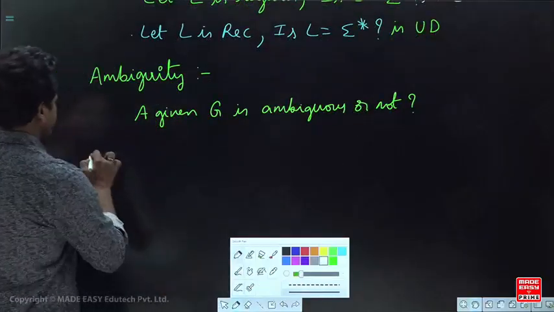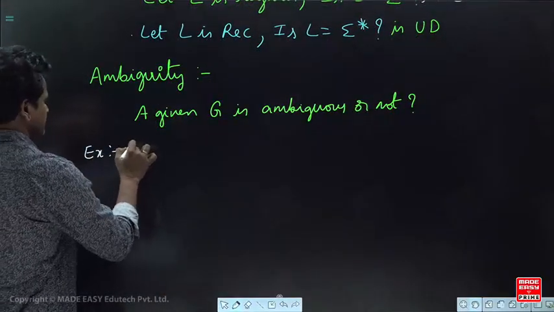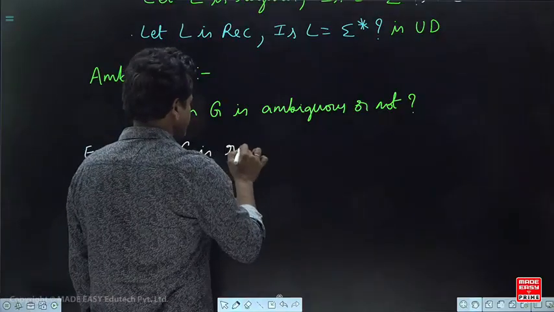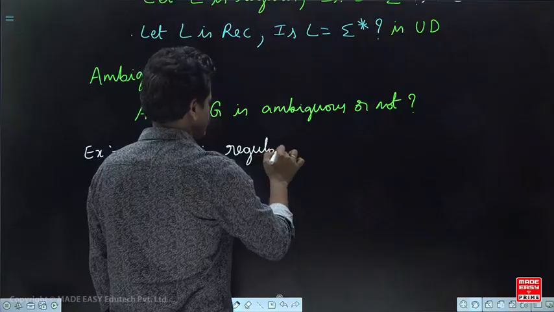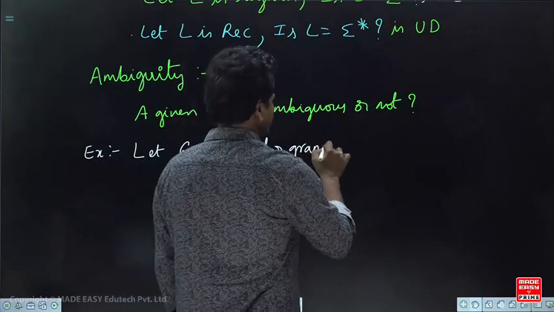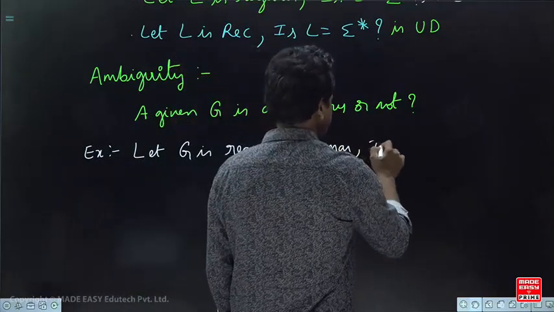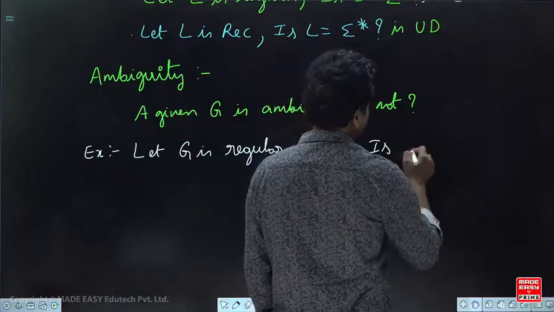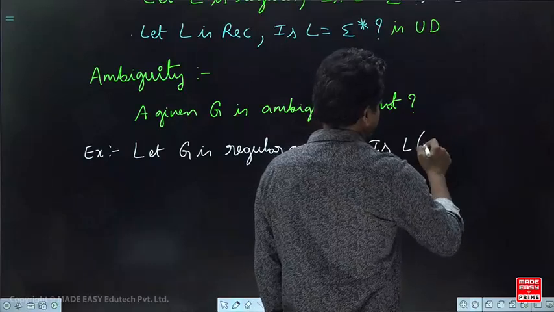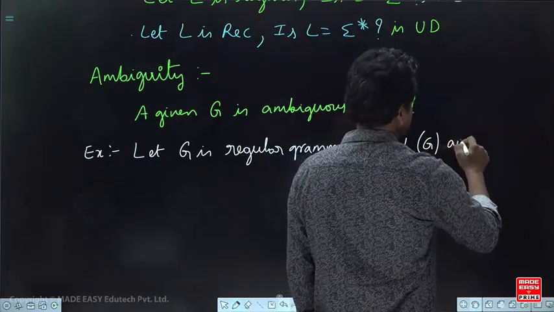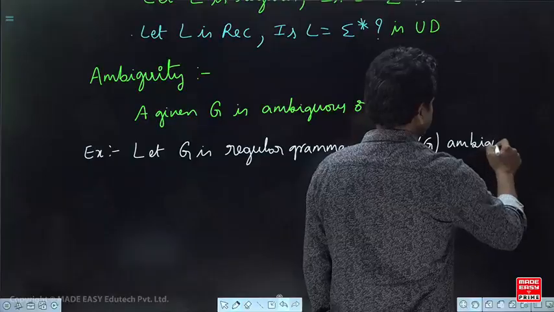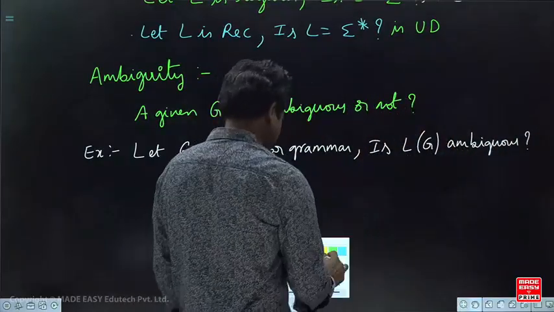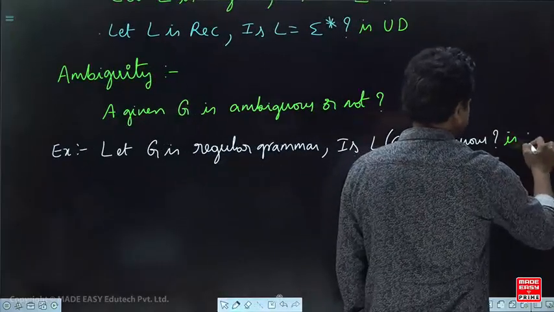Okay, example. Let G be a regular grammar. Is L of G ambiguous? Yes, for a regular grammar it is decidable.